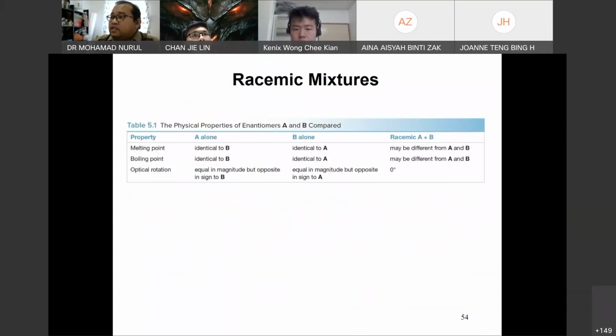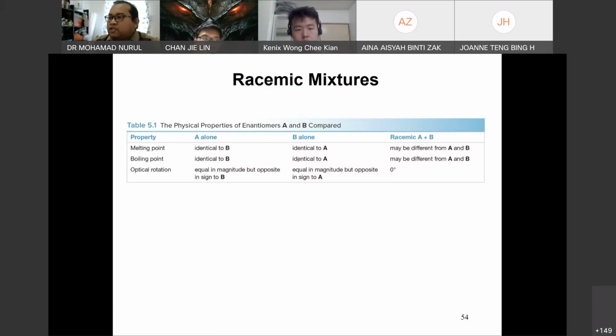This is the comparison of the physical properties of enantiomers A and B. The melting point of A is identical to B, and for B it is identical to A. This is a table. Boiling points are likewise.